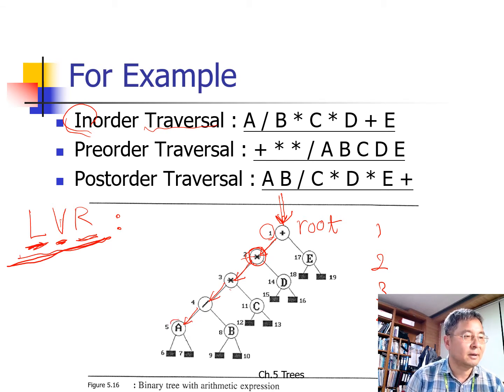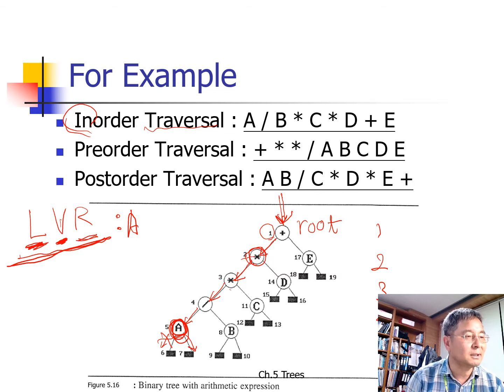And at this node we also apply the same rules. L first, L goes, but there is nothing at the L. That means that we finished L. Okay, so now next one is V. So V is A. Read the value of the node, which is A. So V is finished now, going to right.